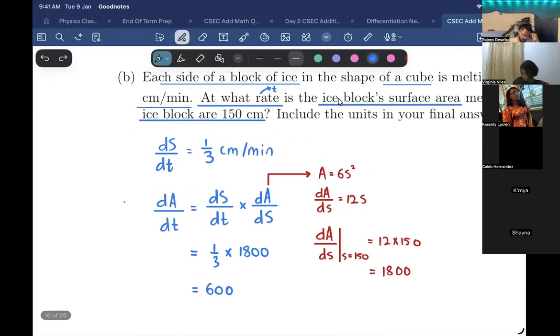Area is centimeter square, and then time is in second. No, time is in minutes. Sometimes people make that mistake. Yeah, time is in minutes.